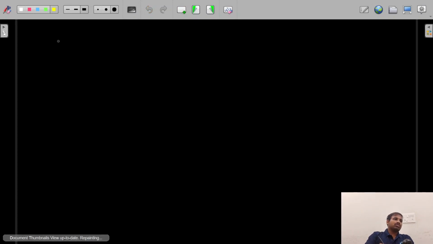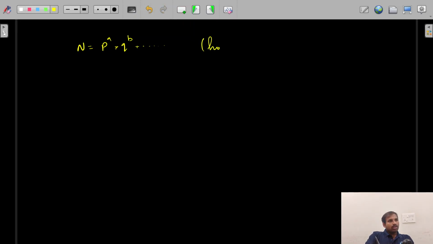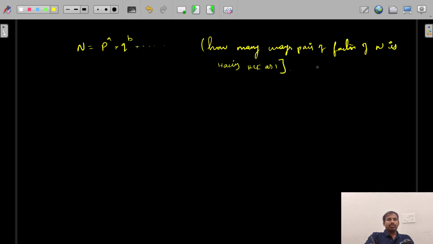What is method two of solving this question? For example, any number, if it is in the form of p power a into q power b, and I want to find in how many ways a pair of factors of n is having HCF as 1, or coprime, either way same.